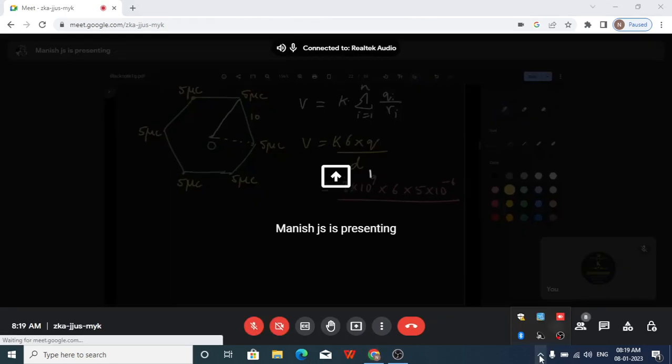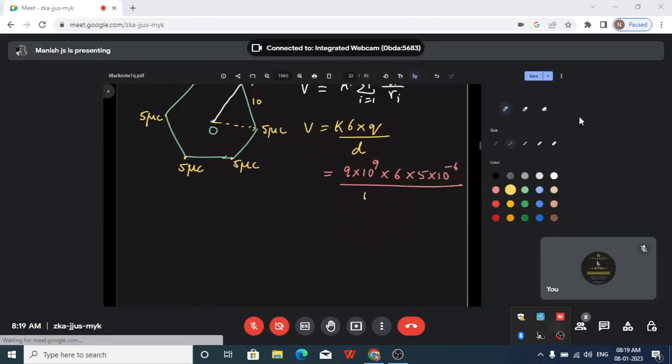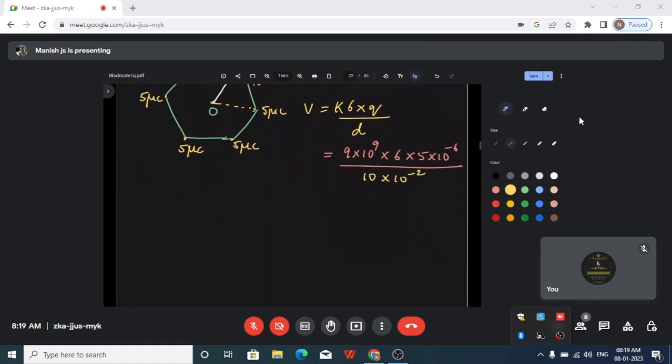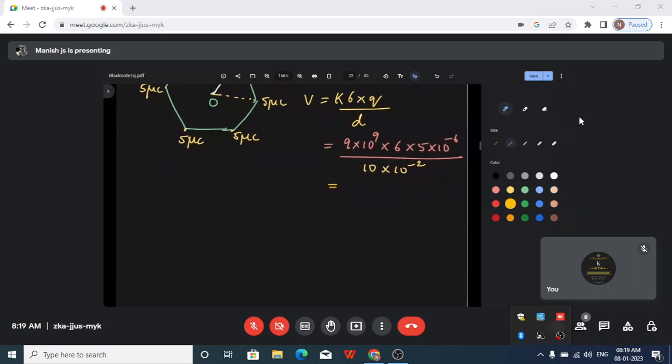So all the sides are equal. So centimeter we have to convert to meters. So 10 into 10 power minus 2 we can write, right, divided by 100. So you will get 10 power minus 1. For the 10 power minus 1 you can bring it up and then go for a simplification.